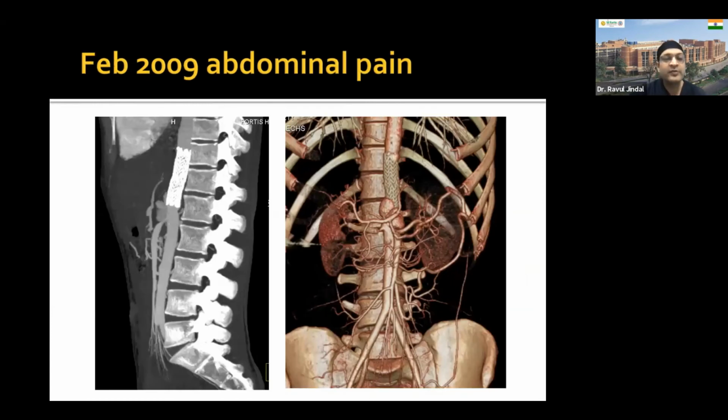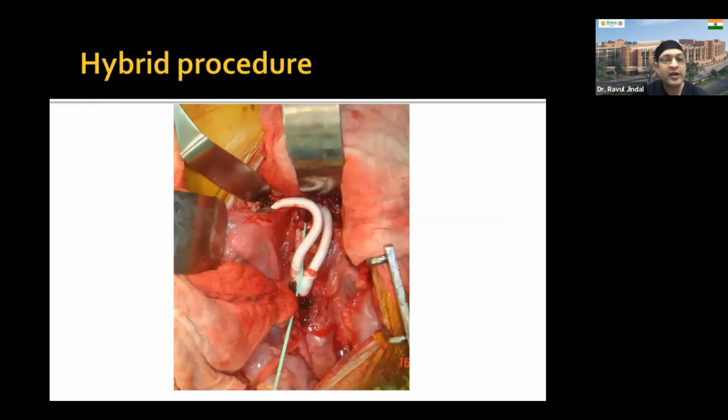But 3 months later, this patient came back with an abdominal pain, and what we saw, at the lower end of the celiac artery at the level of the SMA, the patient has got a big aneurysm there. You can see the leak over there. So we wanted to repair this, and what we did was a hybrid.